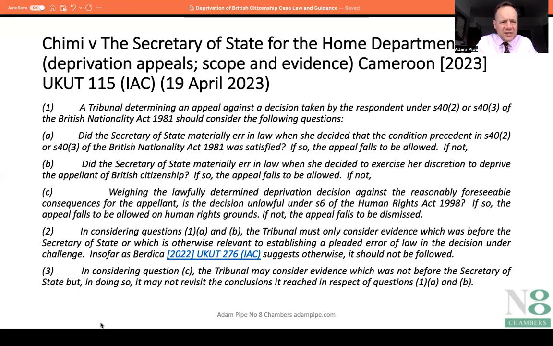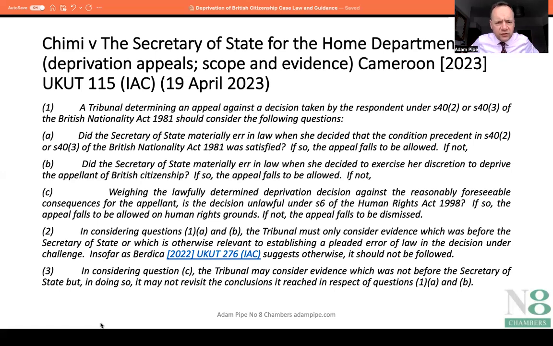And one of the questions in Chimmy was whether the same approach to appeals should apply in section 42 appeals, which is conducive to the public good, which Shamima Begum was one of, and section 43 appeals, which is the fraud and misrepresentation appeals.